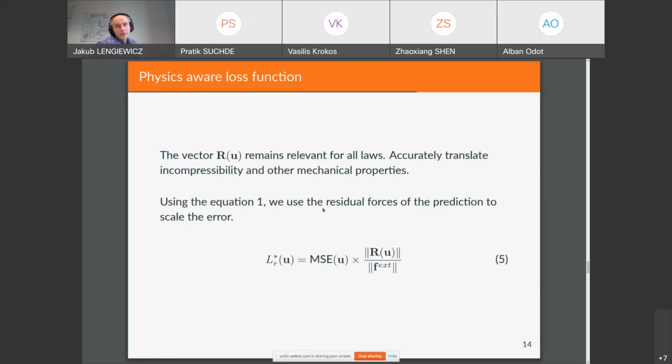So it will not be that easy to go away from this region because your gradient will be shorter. So you will start searching for your solution near that zone, which is cool because that's what we want when the prediction is physically correct and the residual is close to zero.